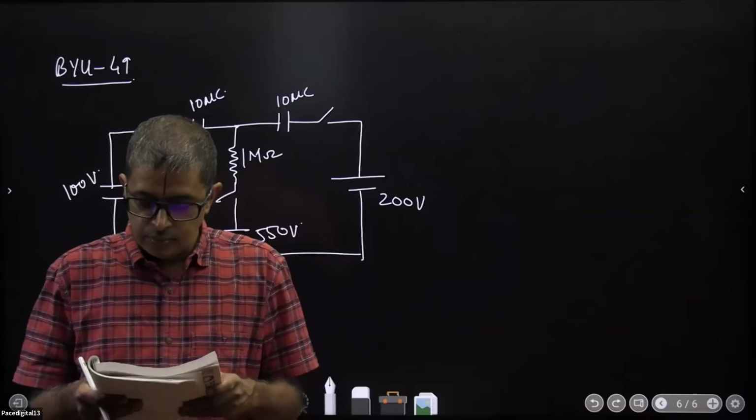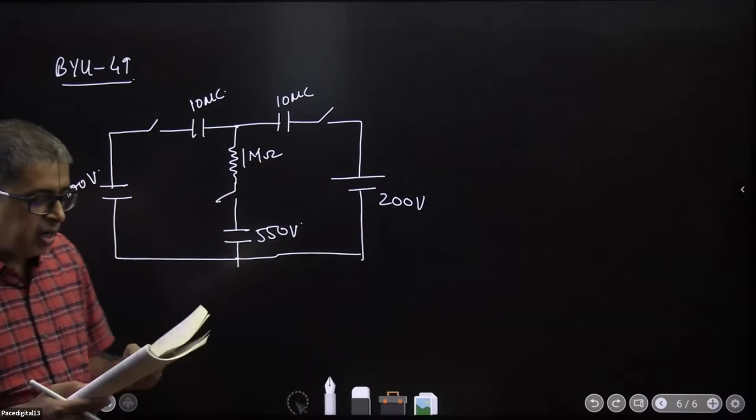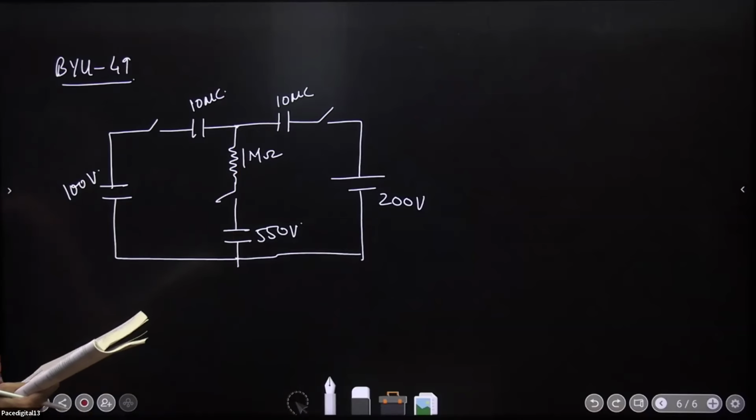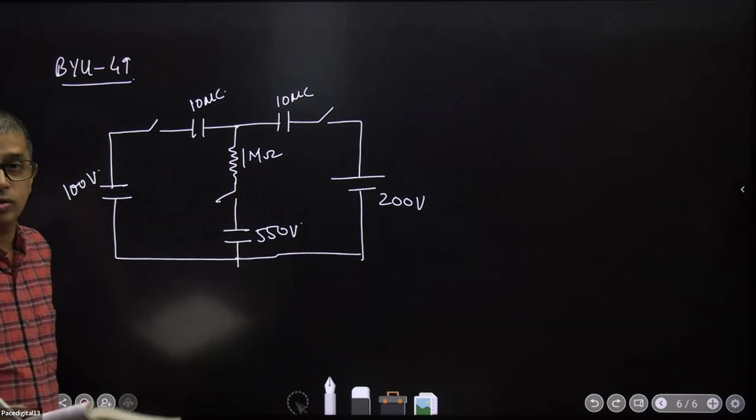First write down the question. Find the amount of heat dissipated in the resistor over a long time after all the switches are closed.